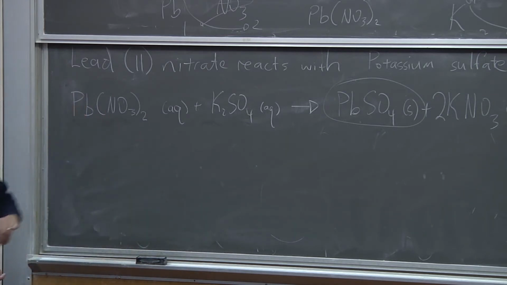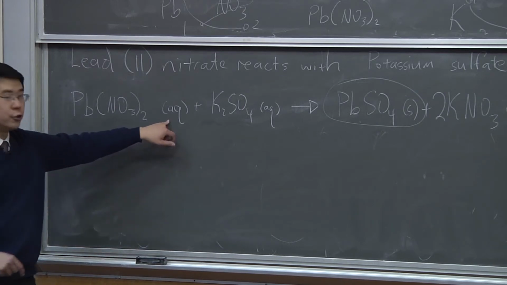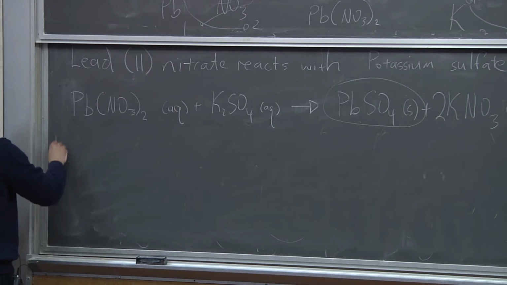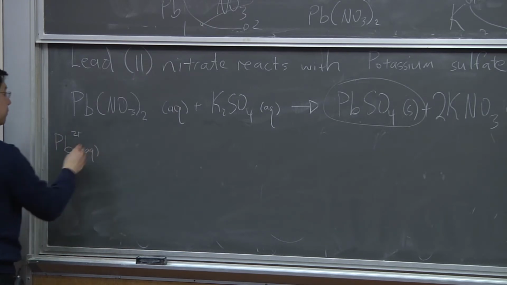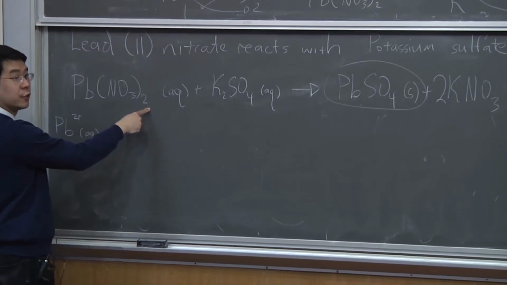So lead nitrate, once you put it into aqueous solution, 1 unit of lead nitrate becomes 1 unit of aqueous lead ion plus 2 units of nitrate.